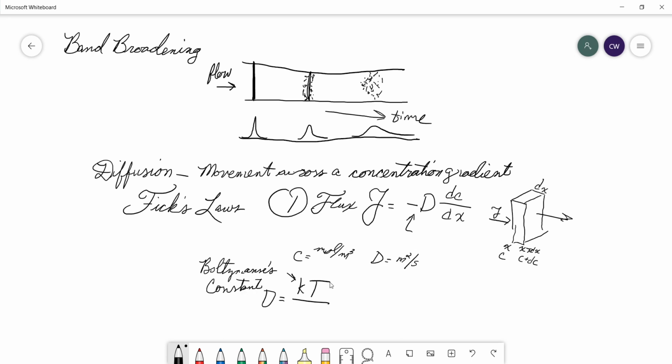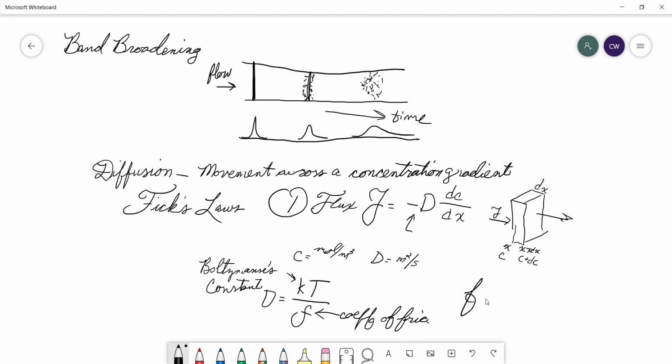And that gets multiplied by the temperature. And then we divide that by the coefficient of friction. All right.